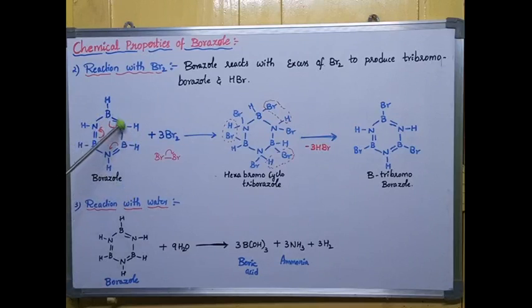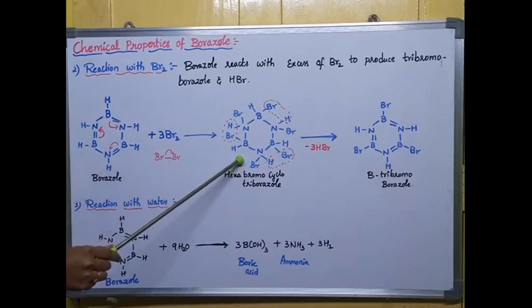Hence we get a negative charge on nitrogen and a positive charge on boron. The bromine can dissociate into Br plus and Br minus. Br minus attacks the boron, which has a positive charge, and Br plus attacks the nitrogen, which has a negative charge.